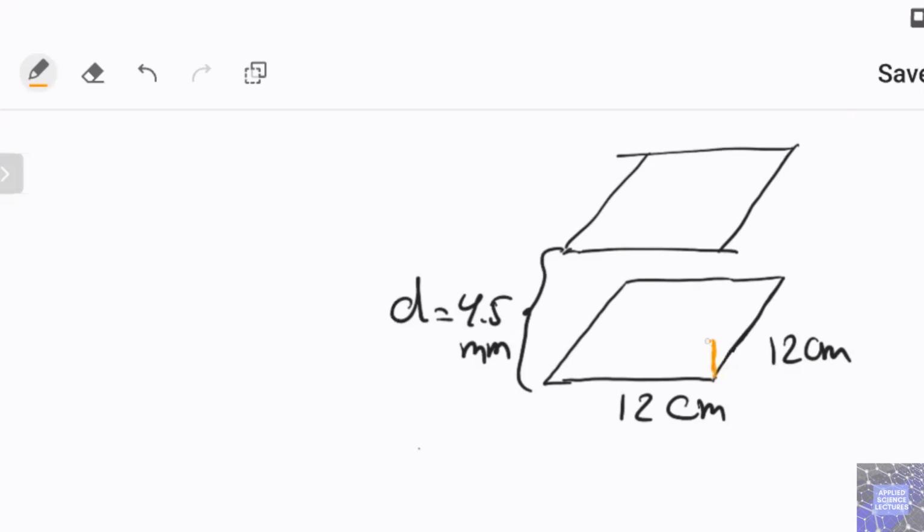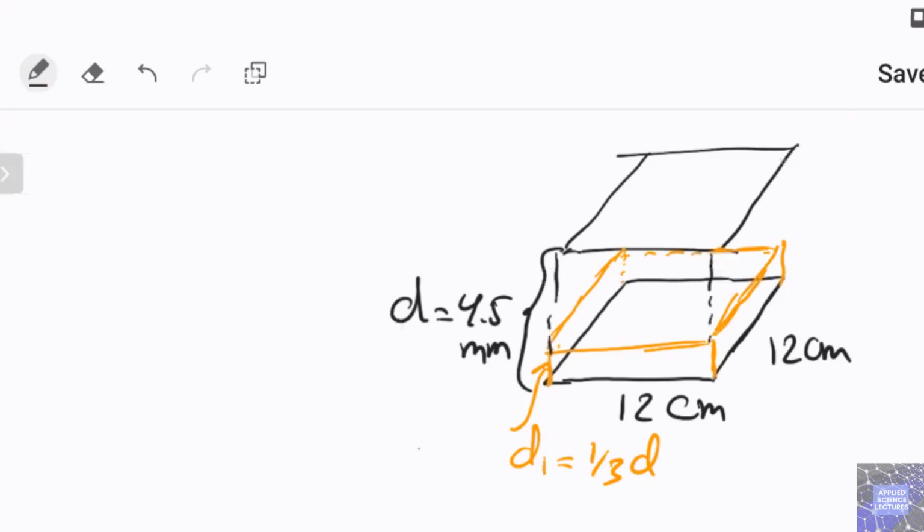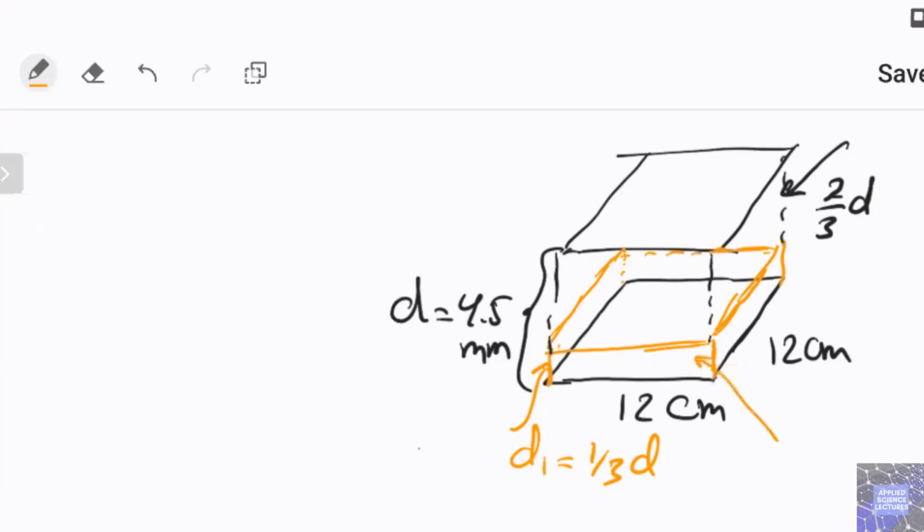One third is filled with dielectric. So this is D1, 1/3 of D. Then we have this as 2/3 of D. We have the dielectric constant for this material.